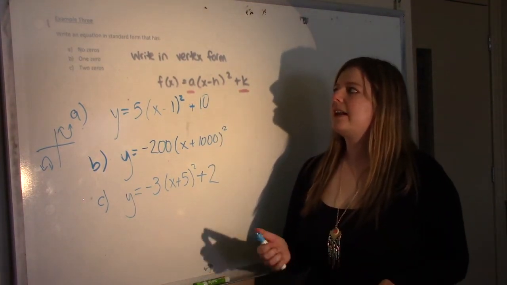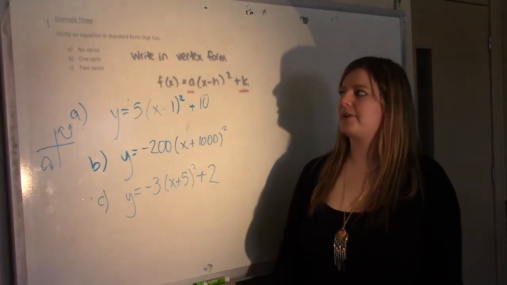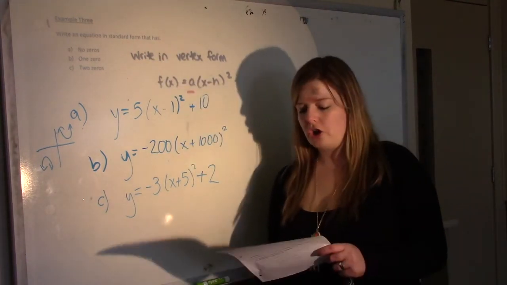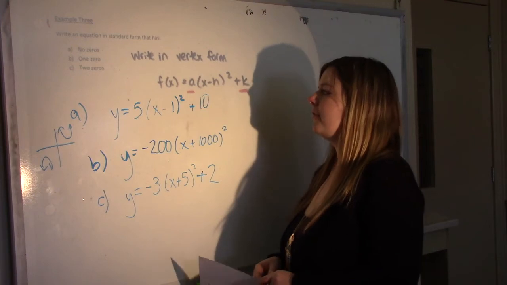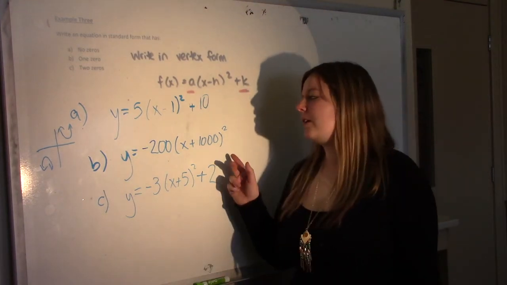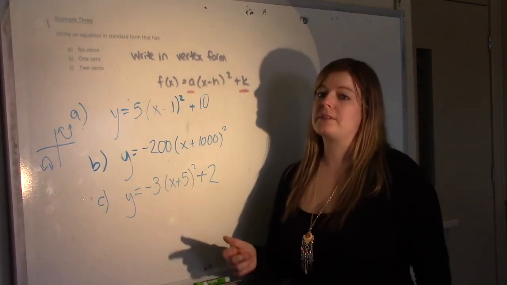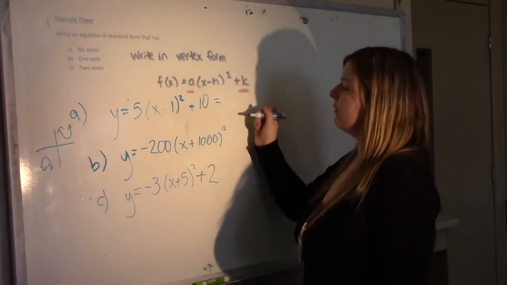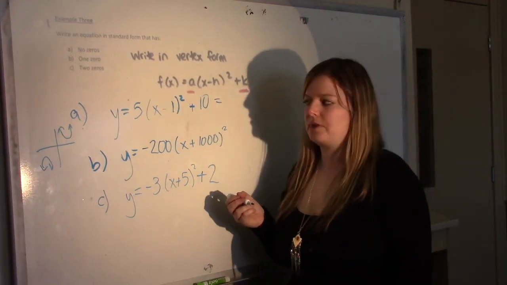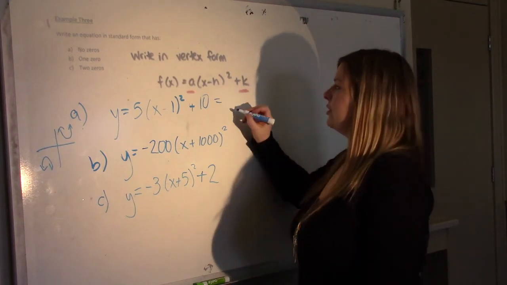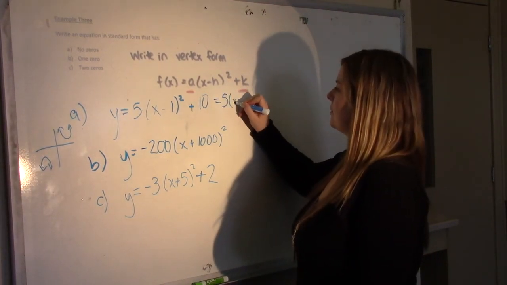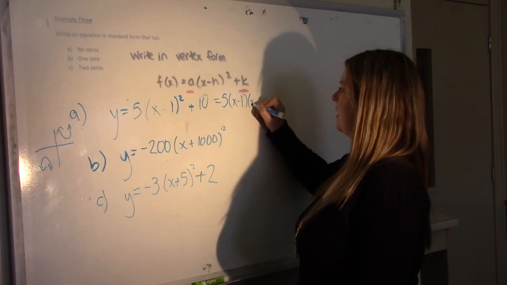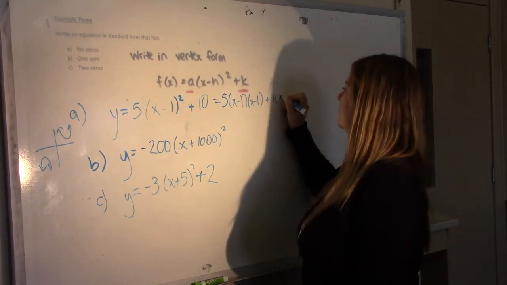Now, if you did need to write it in standard form, which it says, write an equation in standard form, all you have to do is factor these out. So you might not want to pick big numbers like this. Really, you just need to expand this. I'm just going to do it for A, and then you can do it for yourself for B and C. So remember that x minus 1 squared actually means x minus 1 times x minus 1.